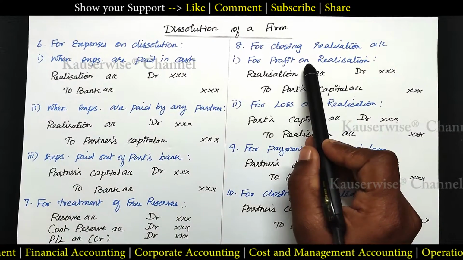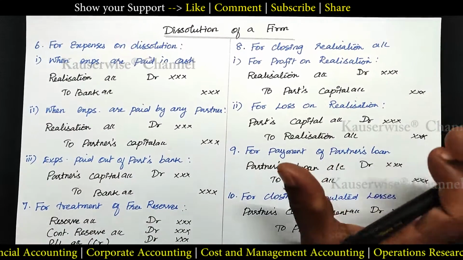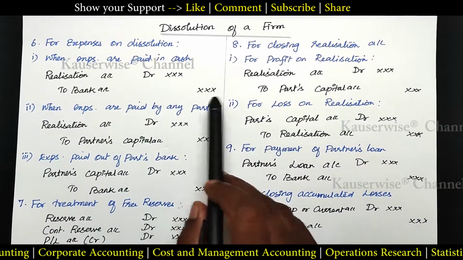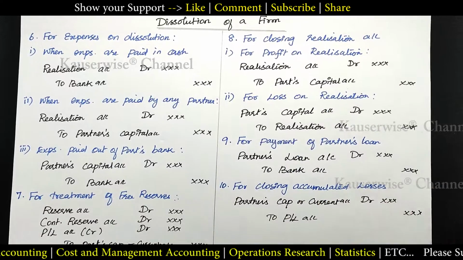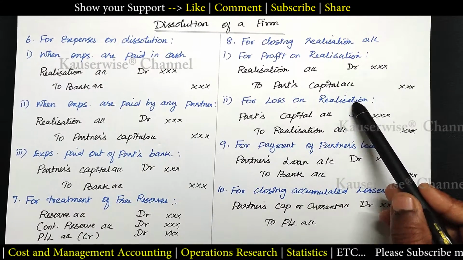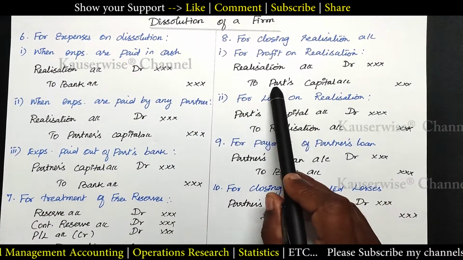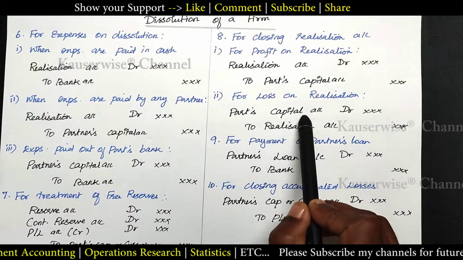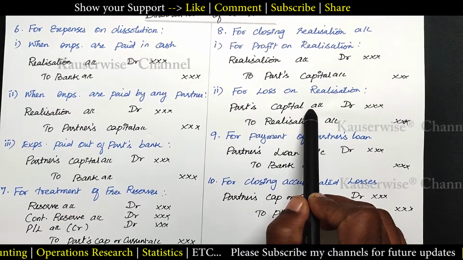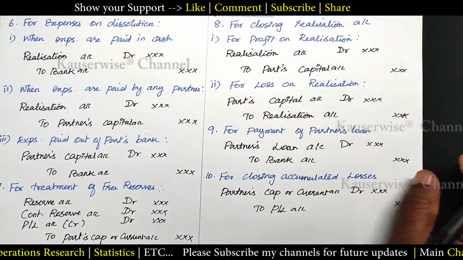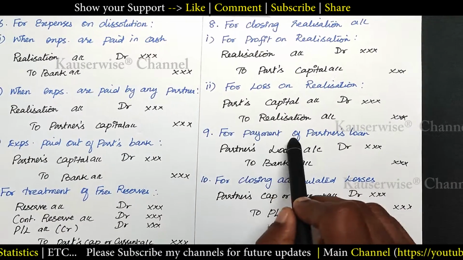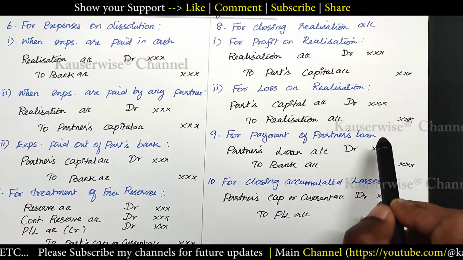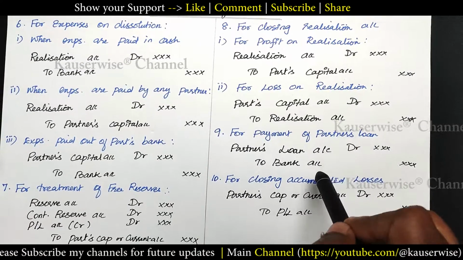In the realization account, if you get a balancing figure under the debit side, then it is profit. If you get a balancing figure under the credit side, then it is called loss. Whatever it may be, that will be transferred to partners capital account according to their profit sharing ratio. And the next one, if there is any partner's loan, that is payment of partner's loan, you have to enter that item under the bank account.